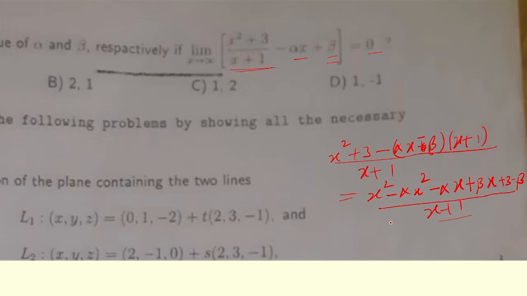Therefore, the coefficient of x squared should be 0. That means 1 minus alpha should be 0. This implies alpha is equal to 1. And the coefficient of x again should be 0. That is beta minus alpha plus beta. This should be 0. This implies beta is equal to alpha, that is 1. So we have the answer 1, 1.